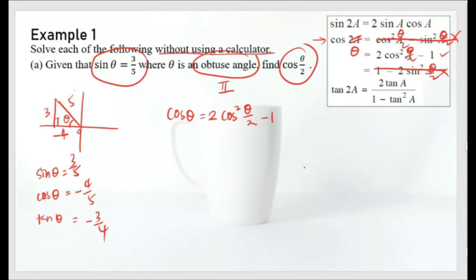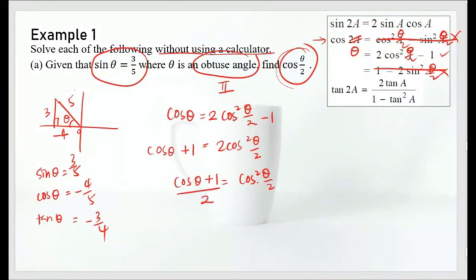After this, we want to find the value for cos theta over 2, so we have to do it slowly, step by step. Negative 1 moves to the front: cos theta plus 1. So cos square theta over 2 equals cos theta plus 1 over 2, which is 1 plus cos theta over 2.